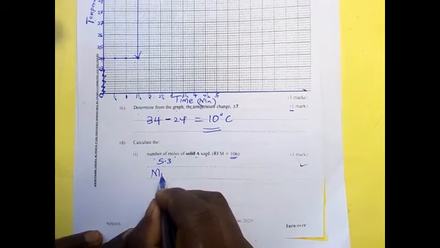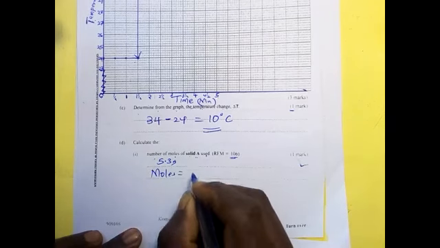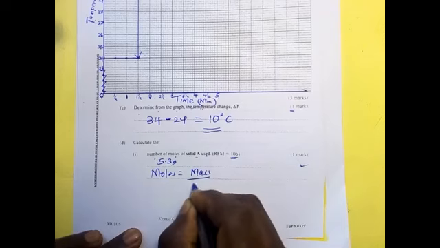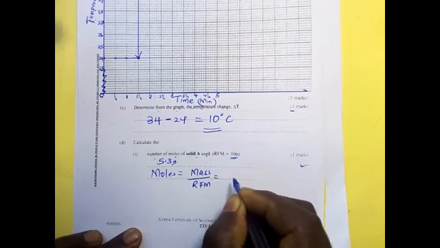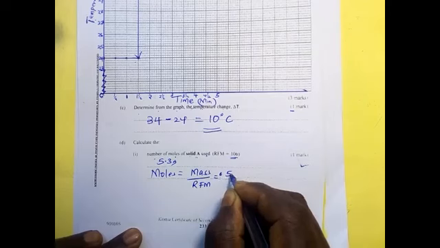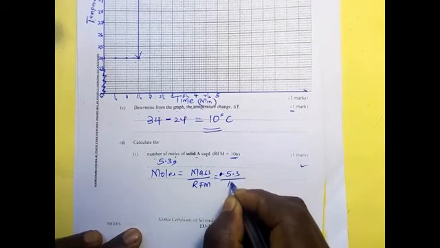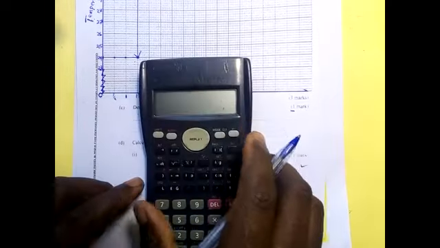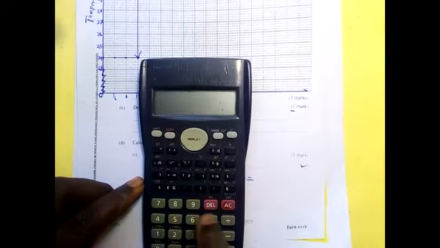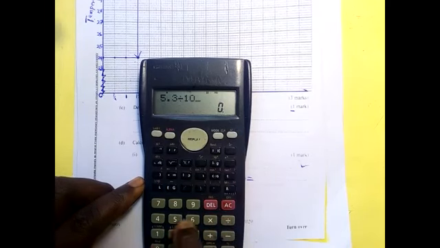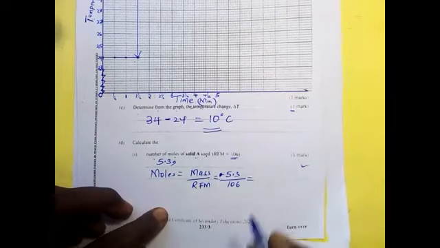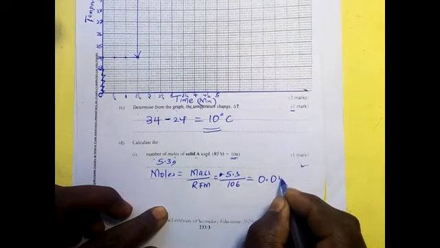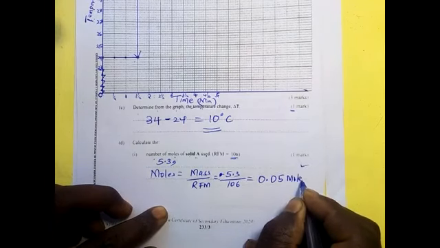But we know moles equal to mass over RFM, which is 5.3 divided by 106. And this one is your calculator. 5.3 divided by 106. That one gives you 0.05. So we have 0.05 moles of the solid.